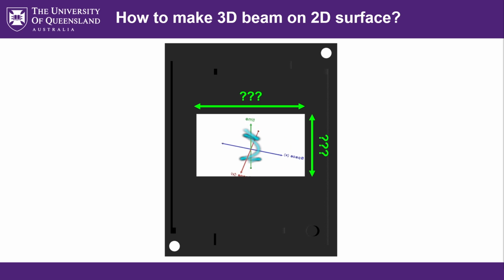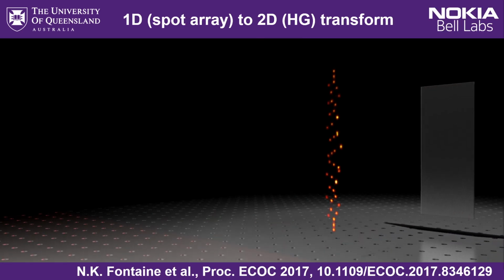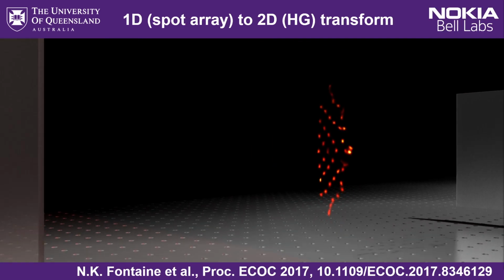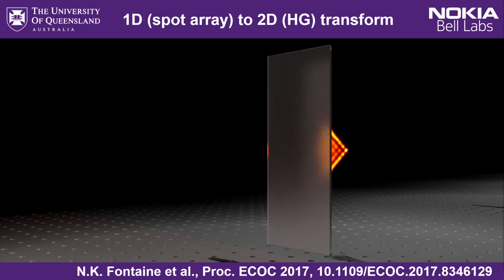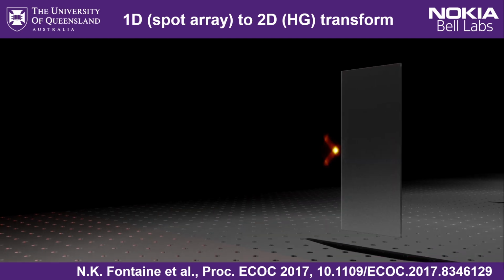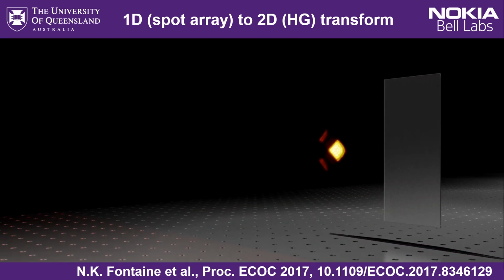Well, we can use that 1D to 2D spatial transformation from before. That'll take a 2D beam and map it onto a 1D line and vice versa, freeing up an extra dimension to use for temporal shaping.